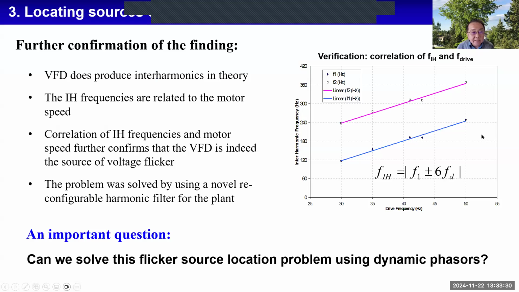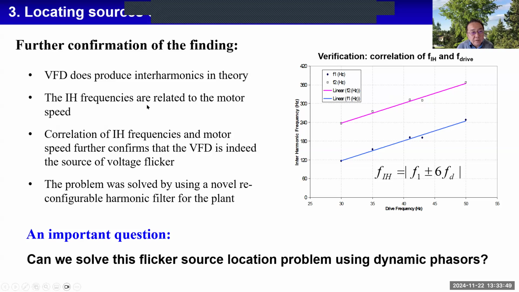Then we did an investigation. We reviewed the research on drives and also did our own research, and found that a VFD does produce interharmonics in theory. It's very small, that's why people don't pay attention to it.